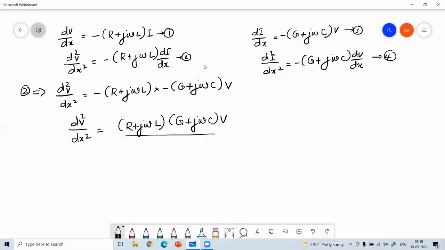This value, that is (R plus j omega L) into (G plus j omega C), is replaced by another constant gamma squared. That is, d squared V by dx squared is equal to gamma squared into V. This gamma is known as the propagation constant.